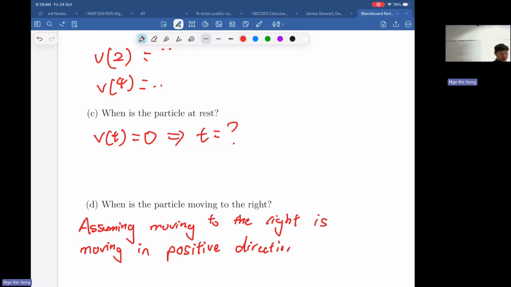In the picture, if you move to the right it is positive, move to the left is negative. So moving to the right here, moving to the left here, do we refer to the positive displacement or positive velocity?